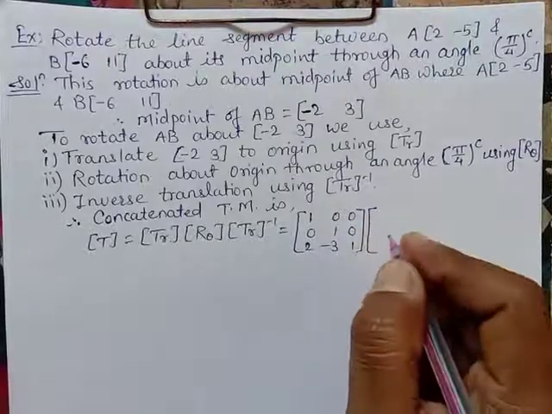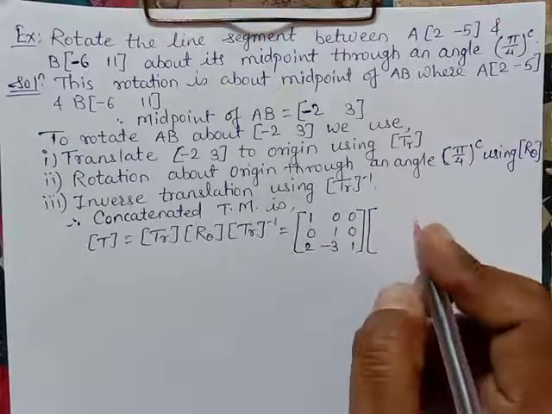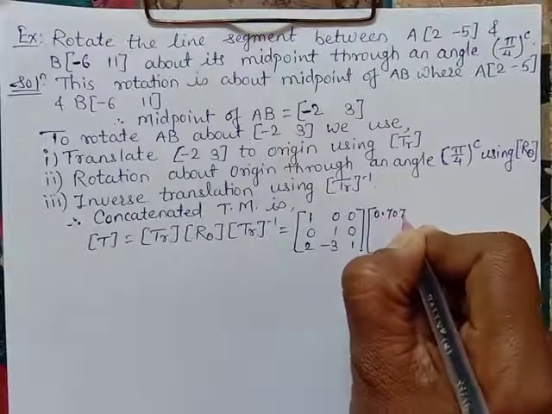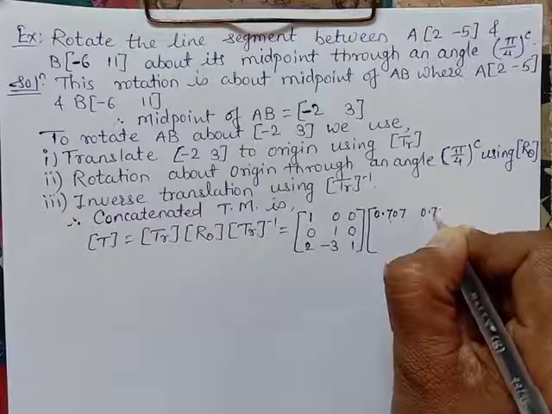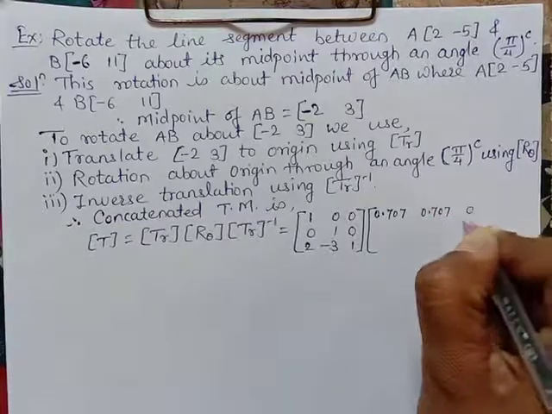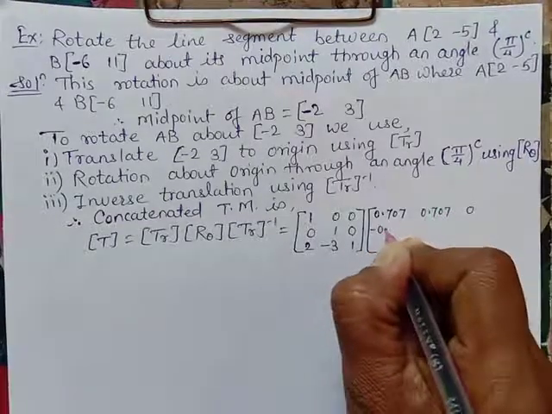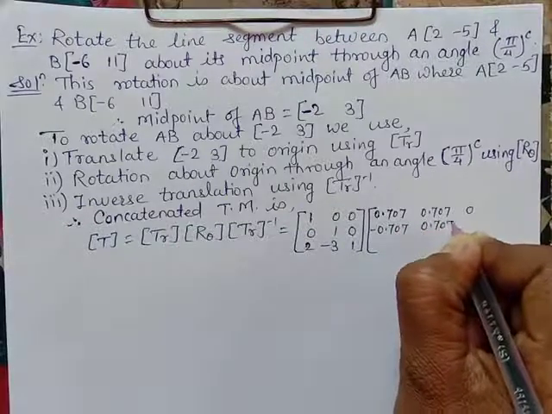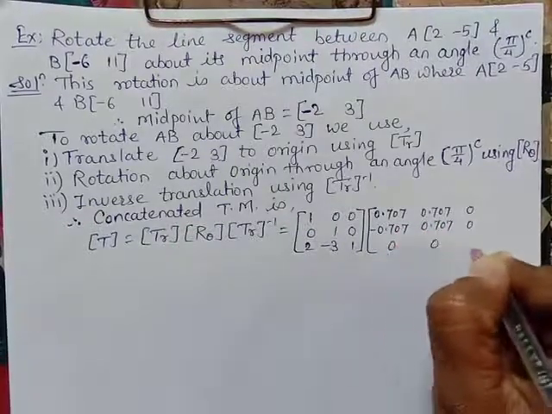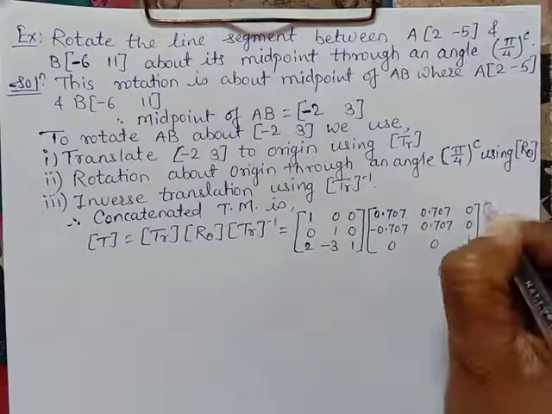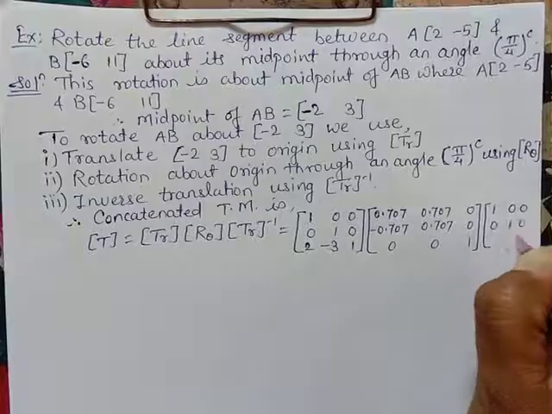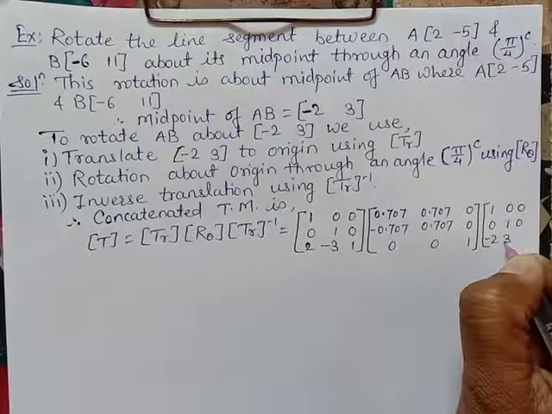Then rotation is cos of 45, it is 0.707, sin 45 0.707, 0, this is minus 0.707, this is again 0.707, 0 0 1, and inverse translation 1 0 0, 0 1 0 and minus 2 3 1.